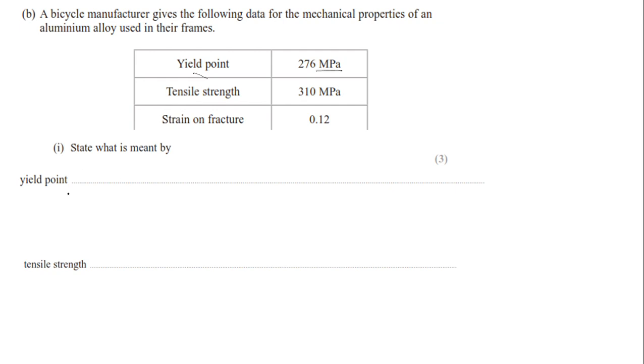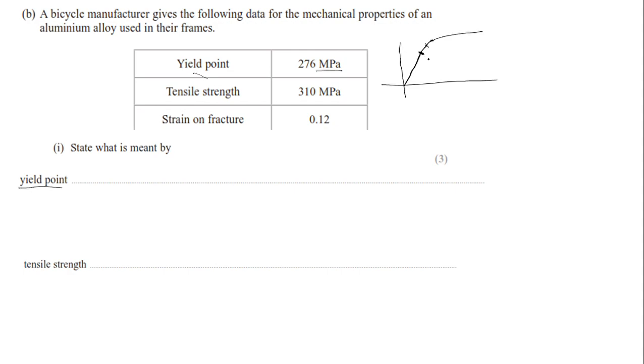So yield point is the position at or after which you have a large extension for a small amount of force. If you recall the graph, you have a straight line and then a slight curve, and then you have another small interval and then a large one. So this is called the limit of proportionality.